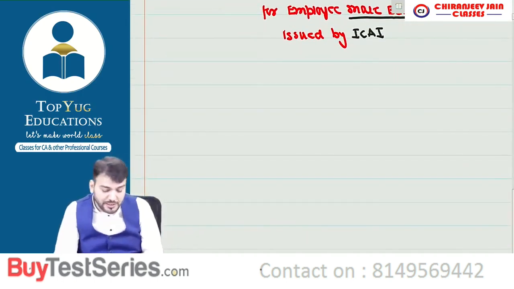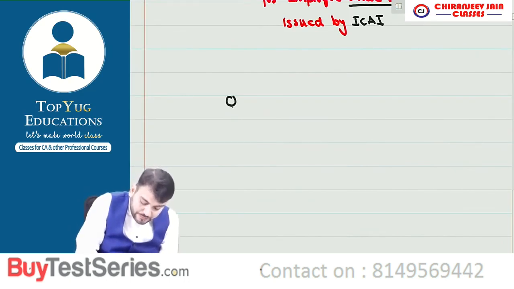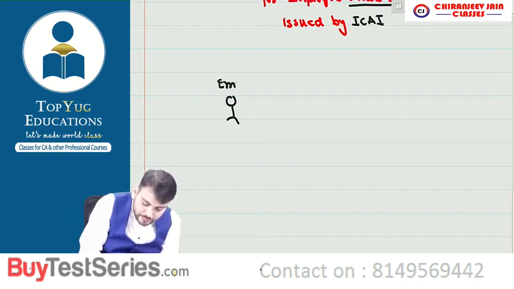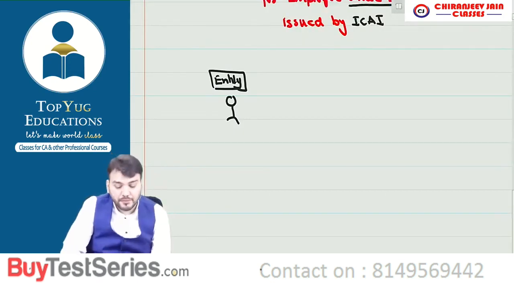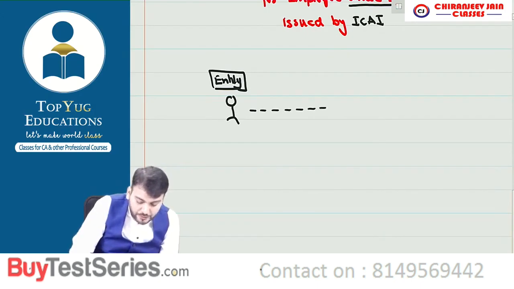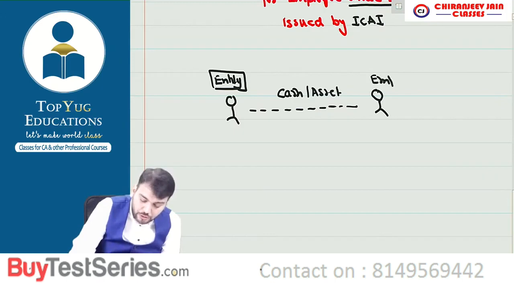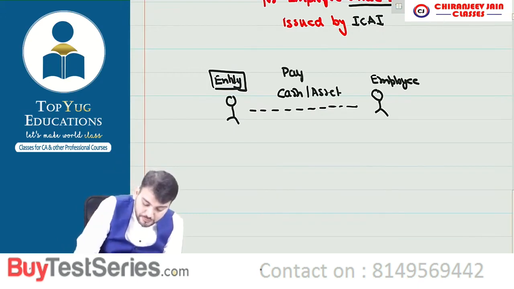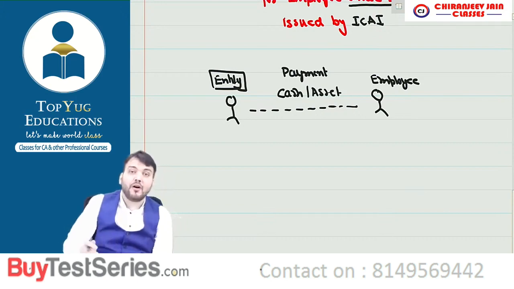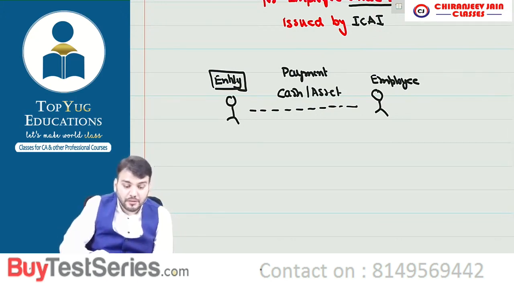If there is one entity who has done payment in cash or any other asset to his employee, are you able to understand that payment has been done in the form of cash or asset to employee, correct?